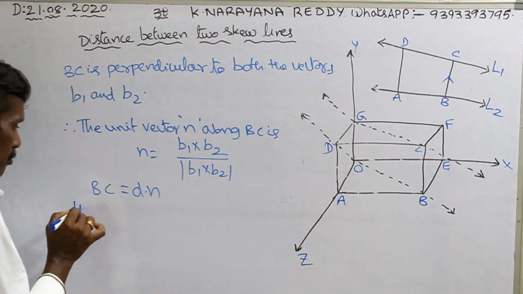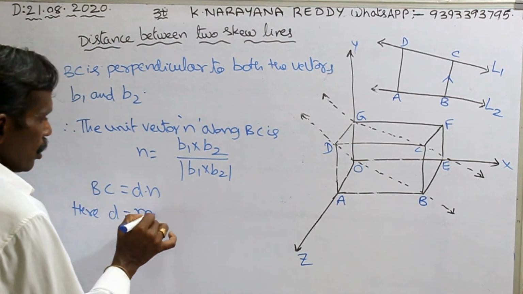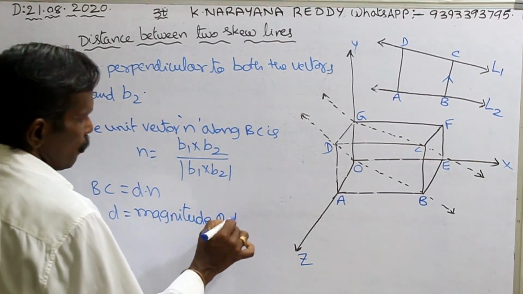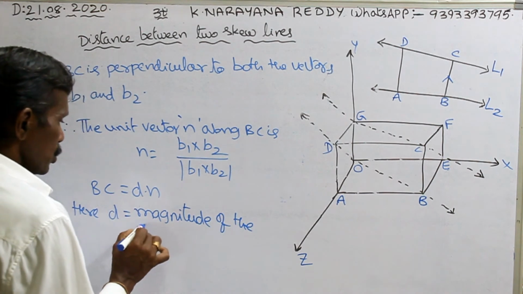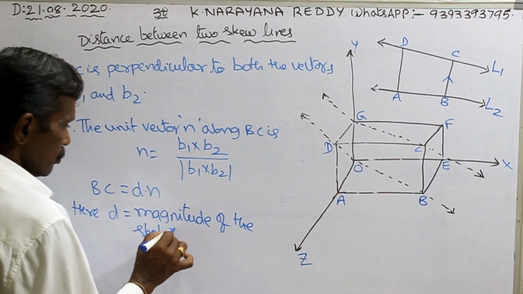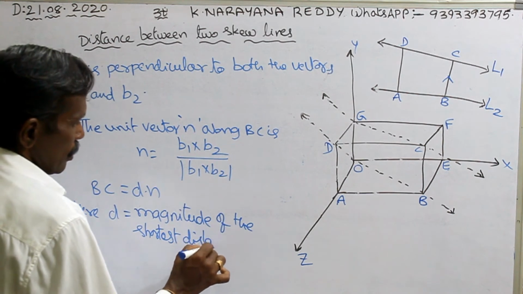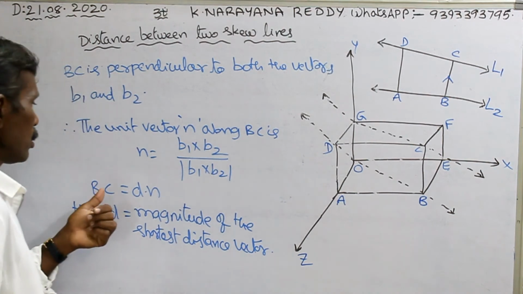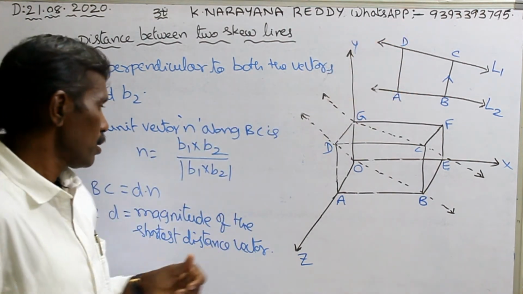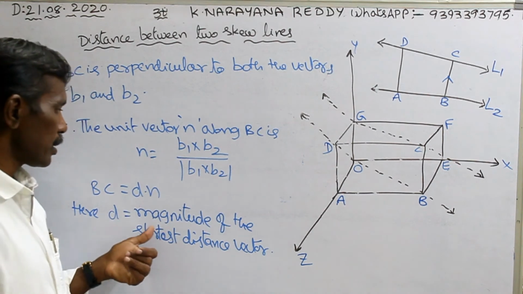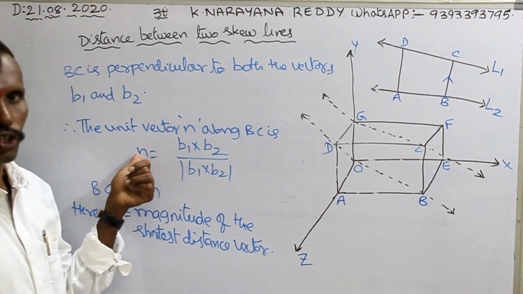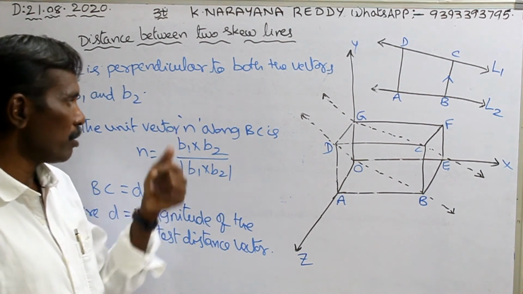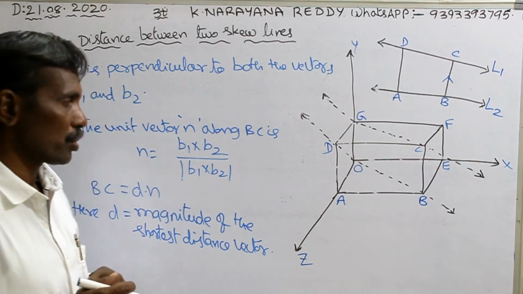Here d equals the magnitude of the shortest distance vector. Okay, so BC is nothing but d into n. BC is the shortest distance vector, and n is nothing but the unit vector, b1 cross b2 by mod of b1 cross b2. You know that b1 is the direction vector of L1 and b2 is the direction vector of L2. That's all. Okay.